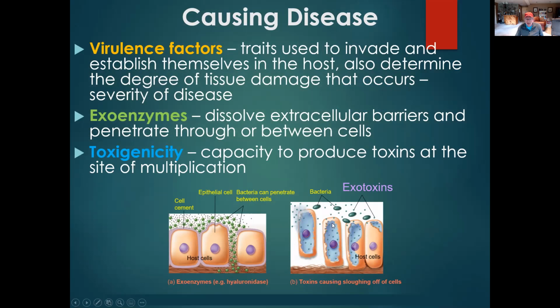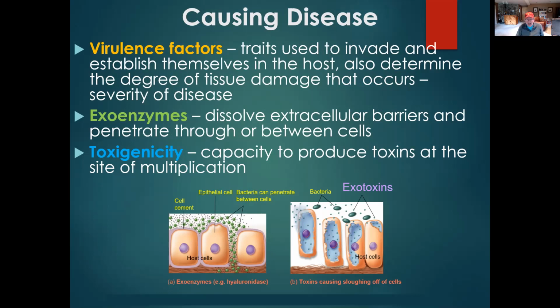Well, the release of these exotoxins is actually causing the cells to slough off, as opposed to dissolving the gaps here between, or producing the gaps between these cells. So the cells are actually sloughed off as a result of this toxin action again.